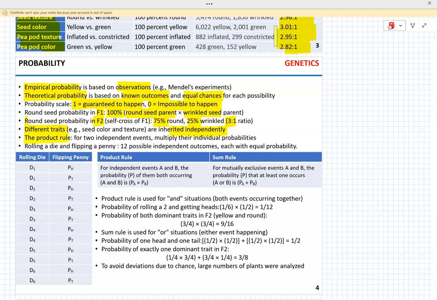The product rule postulates that to find the probability of two independent events occurring at the same time, one should multiply their individual probabilities. So for instance, the probability of rolling a die and getting a certain number is 1 out of 6.